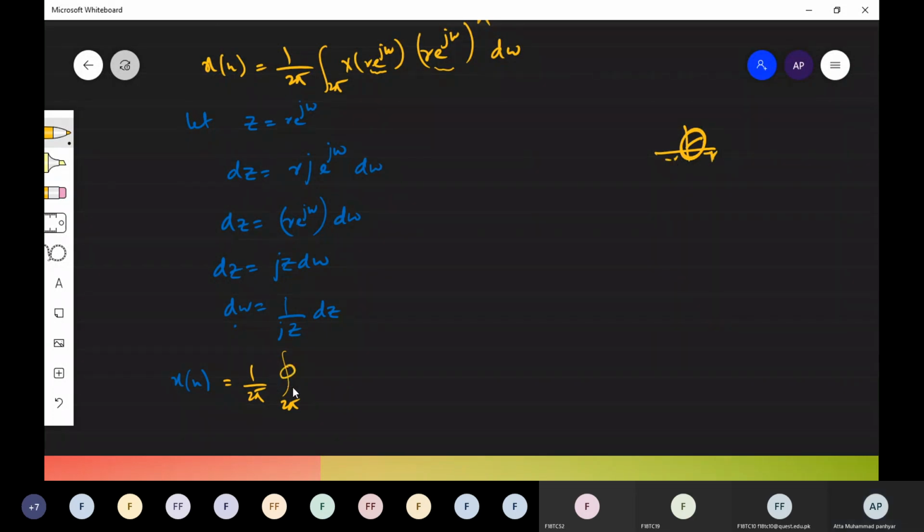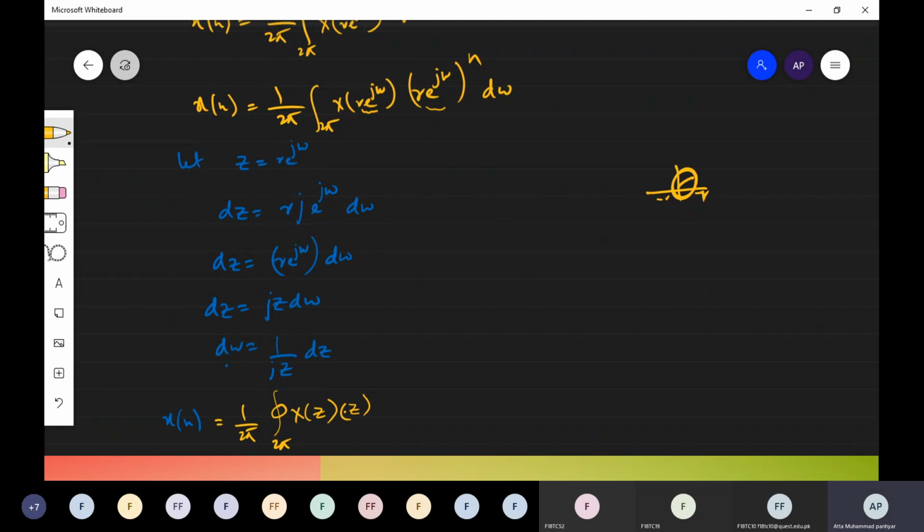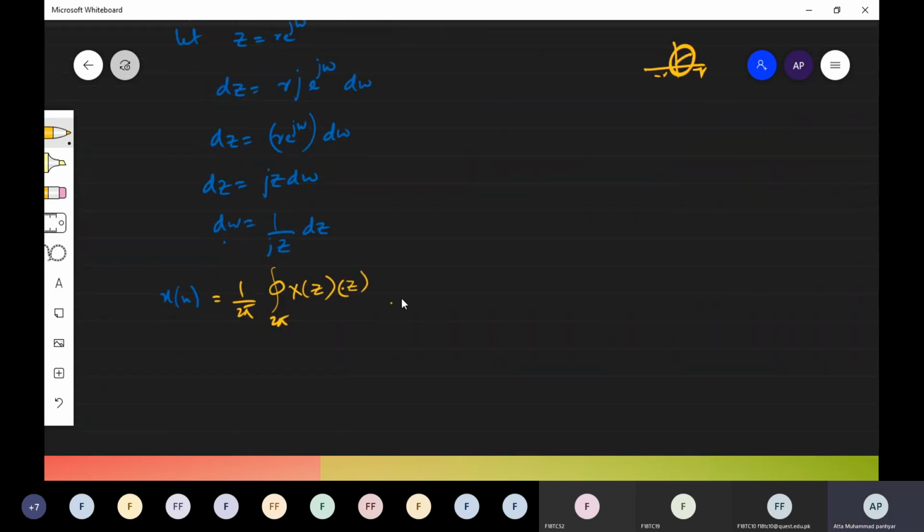So it is a closed integral over a circle, which is equal to x of z, and then this whole term r e to the power j omega is z now, z power n, times the value of d omega, that is equal to 1 over jz dz.